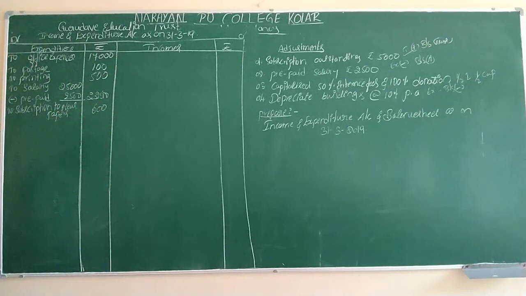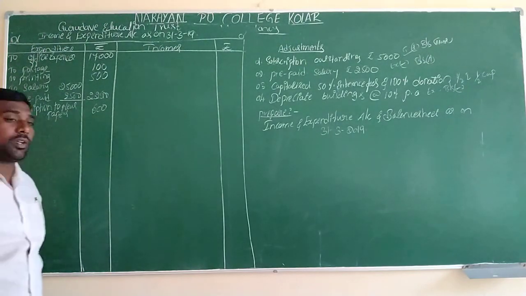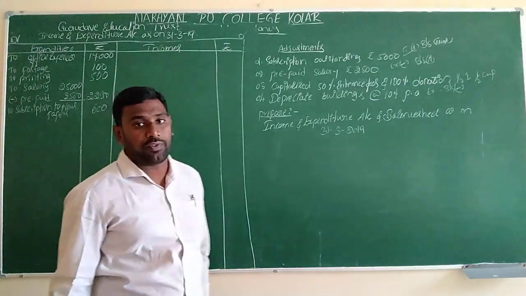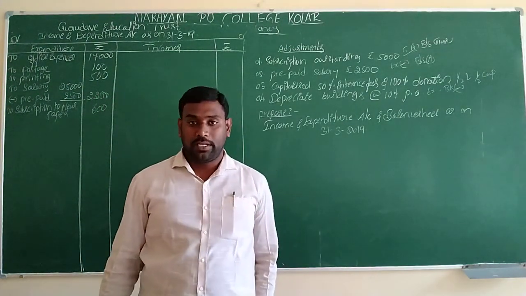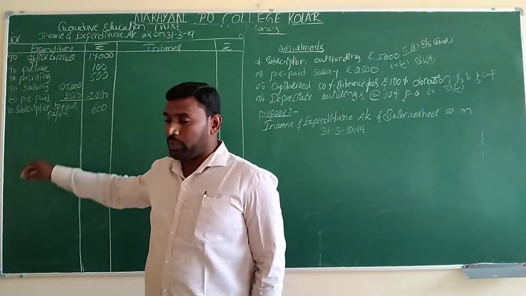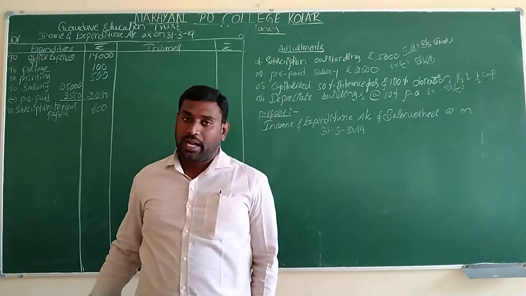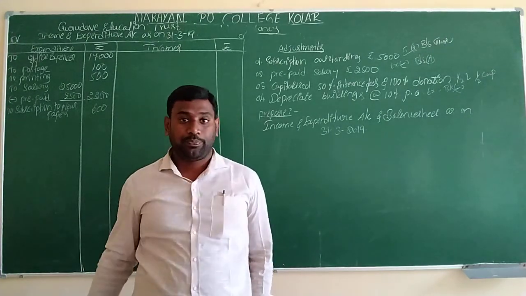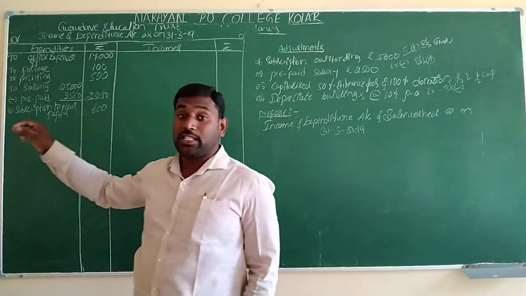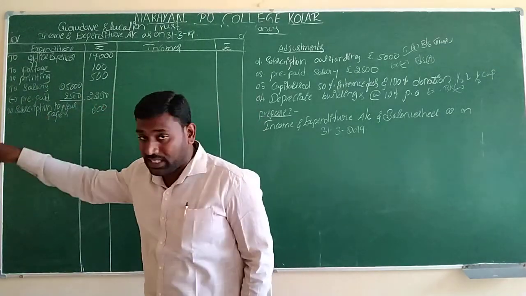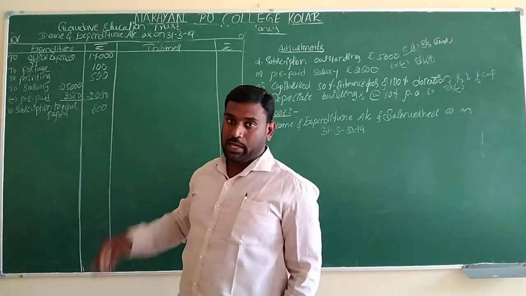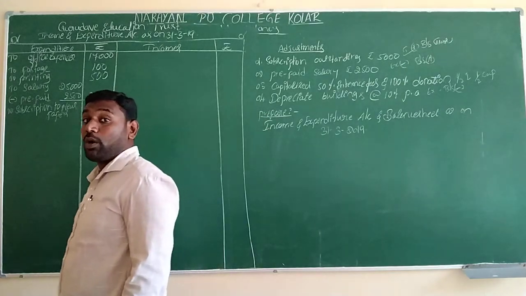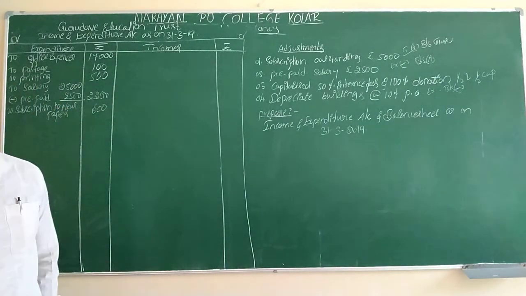So 600 rupees is the expense. These are all the transactions taken from the receipts and payments account, and on the payment side these are all expenses. Adjustments will come later. While writing a transaction, if any adjustment is there, we have to adjust and write the value. If some adjustment is not adjusted here, we will write it later.